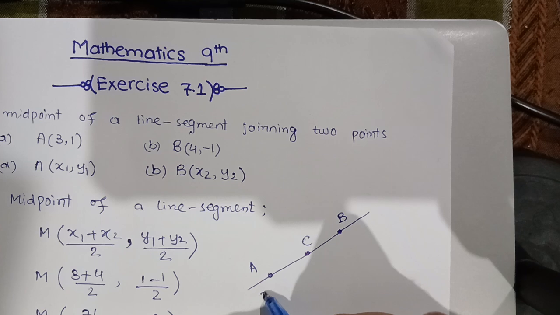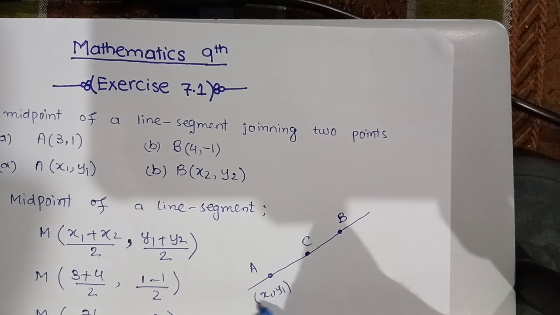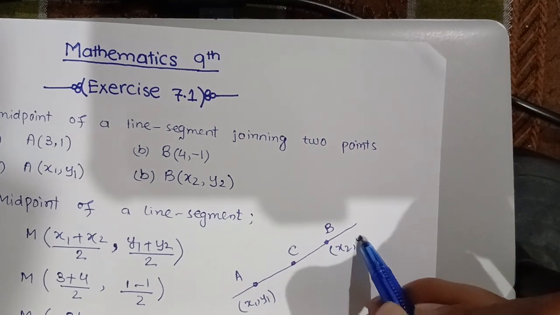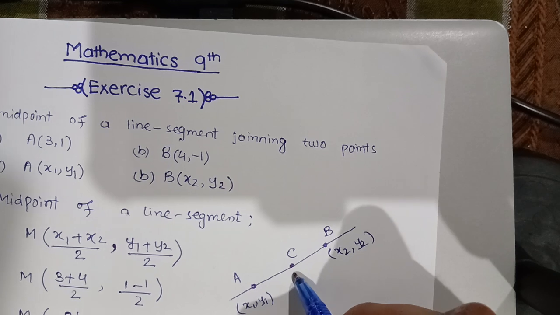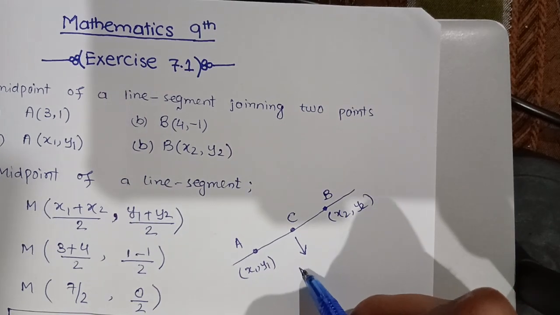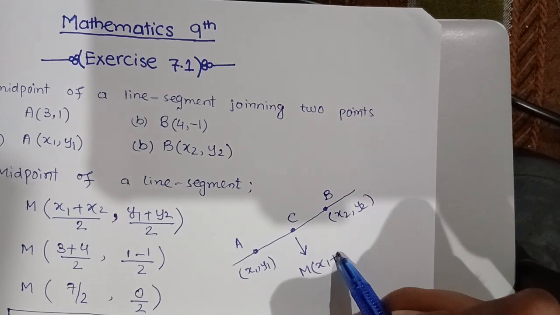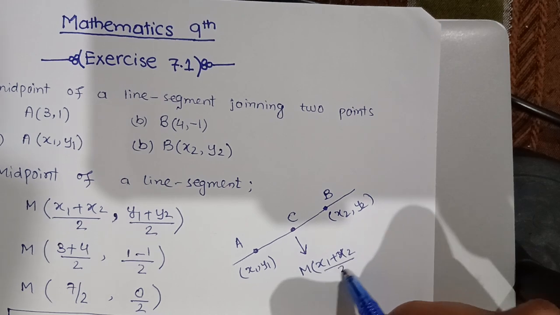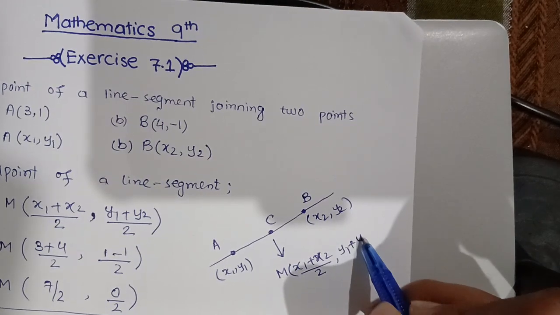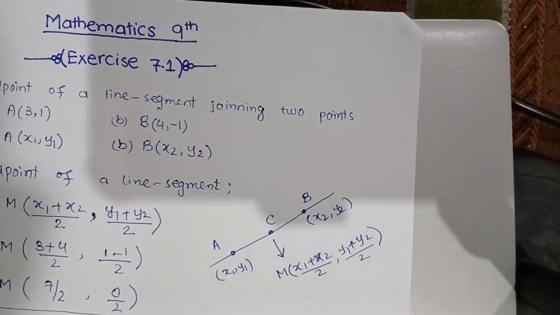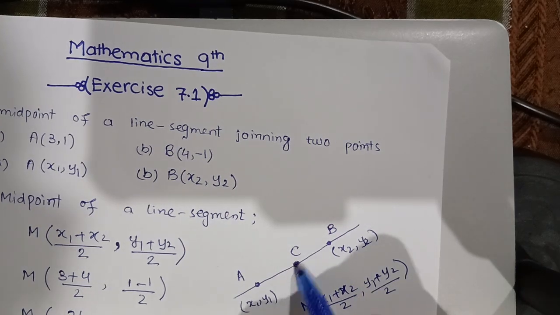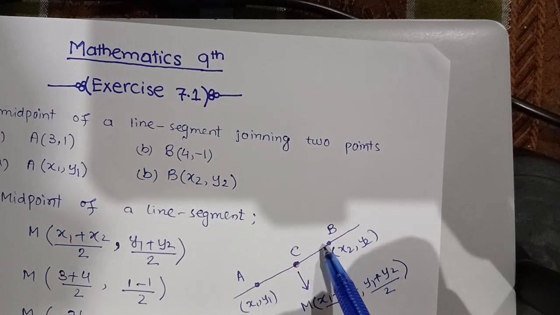Here we have coordinates x1, y1 and here x2, y2. For the midpoint, we have the formula (x1 plus x2) divided by 2, (y1 plus y2) divided by 2. In this way we can find the midpoint of any line segment joining the 2 points.